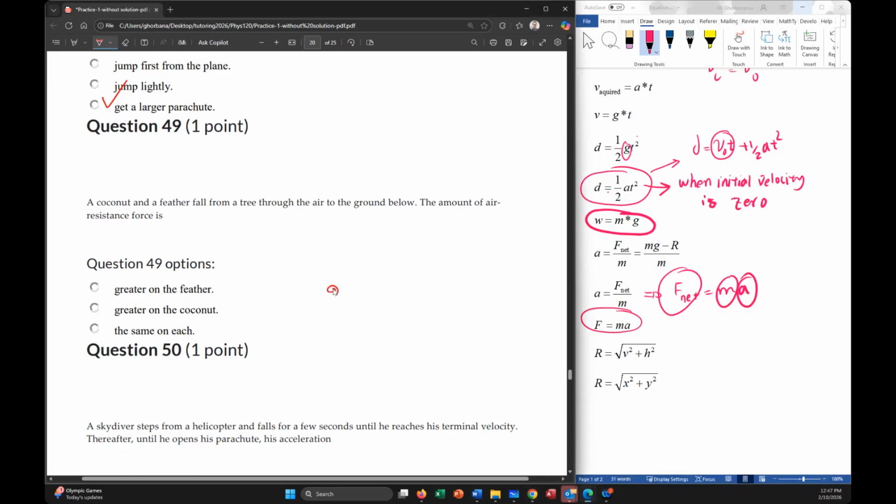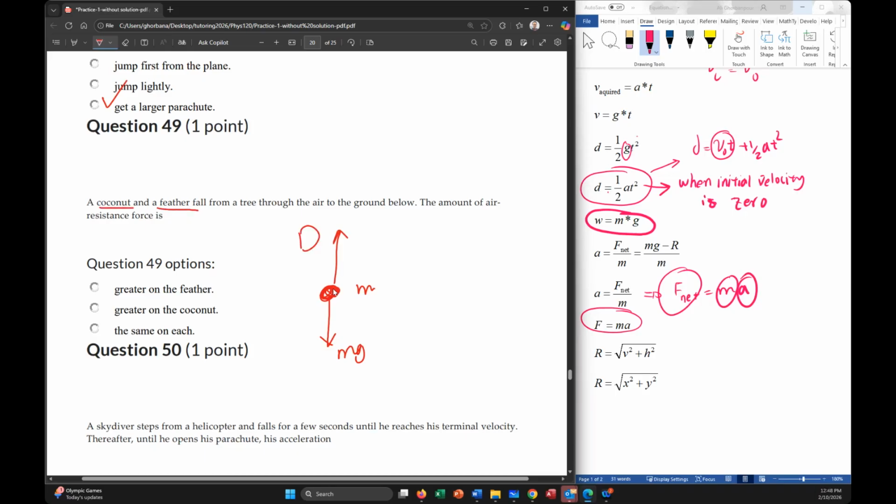Okay, let's say we have an object, and this object can be anything. Let's say mass M. What is the force of gravity? mg, the weight. This is a drag force. Now we have two different masses.